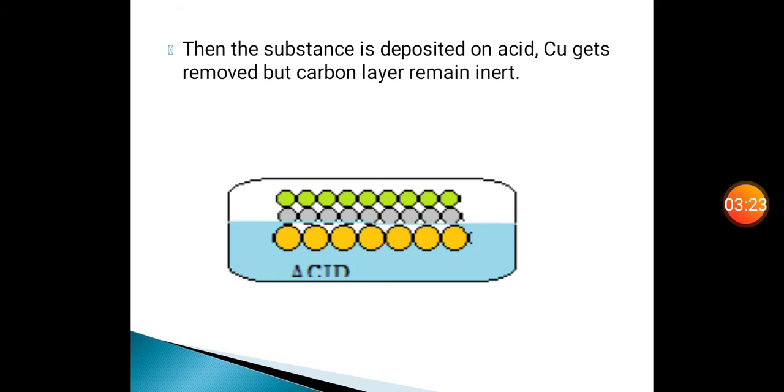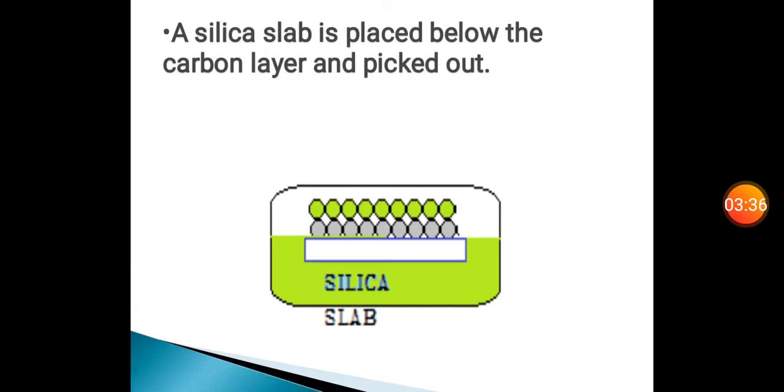Then the substance is deposited on acid. The copper wafer gets removed, but the carbon layer remains as it is. Then to remove our nanomaterial, a silica glass slab is used. It is placed below our nanomaterial and taken out.